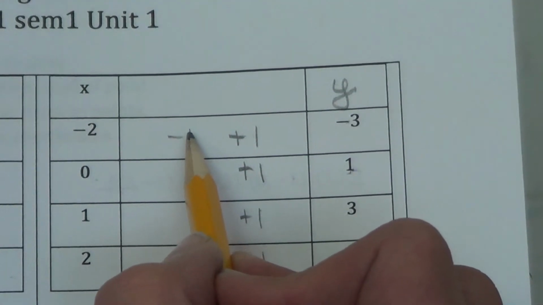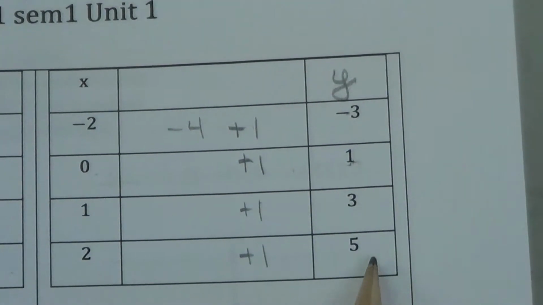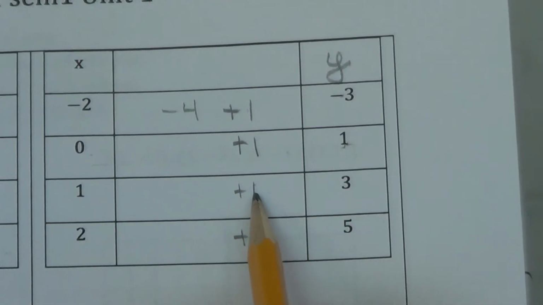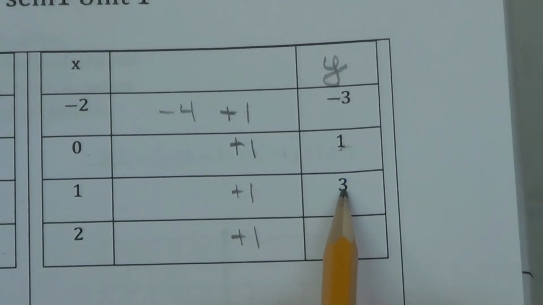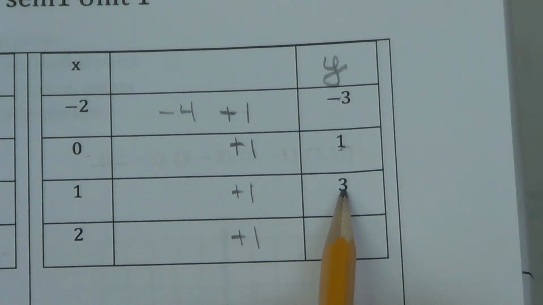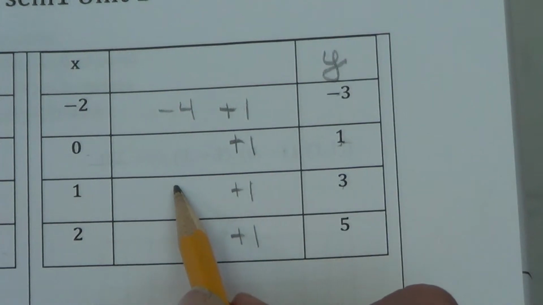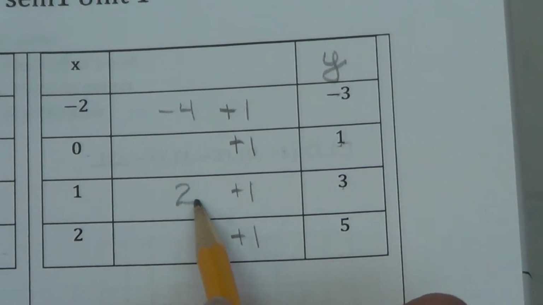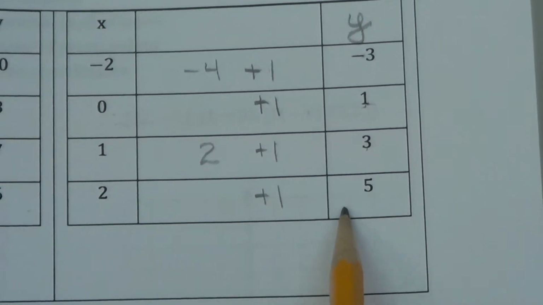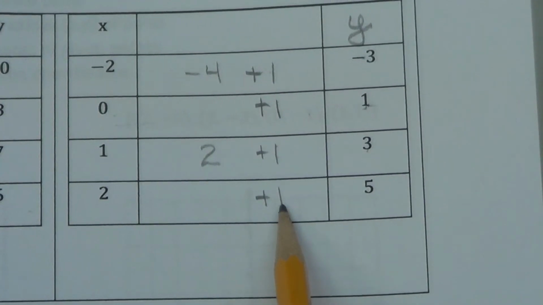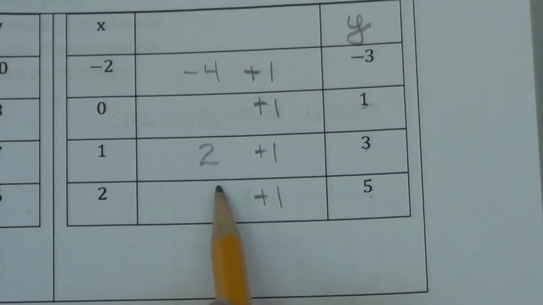I need to subtract 4. What do I need to add to 1 to get to +3? Well, here I would need to add 2. What do I need to add to 1 to get to +5?